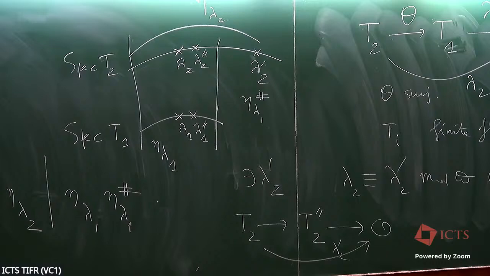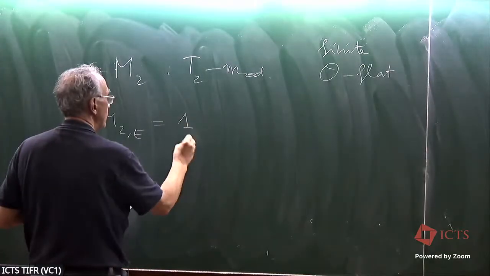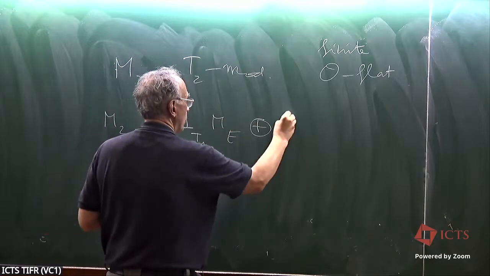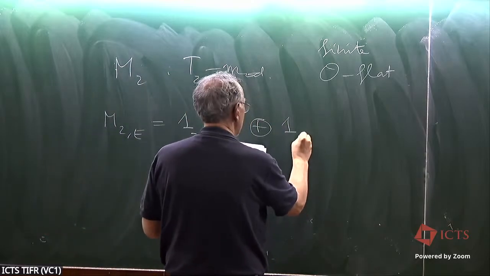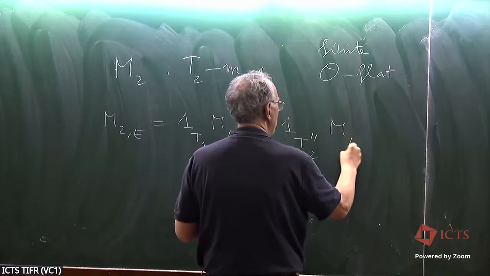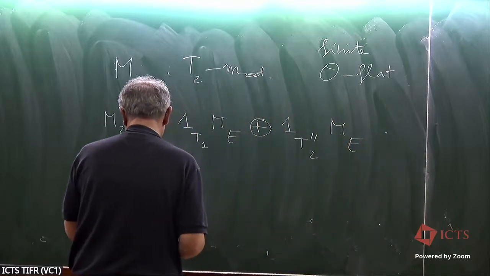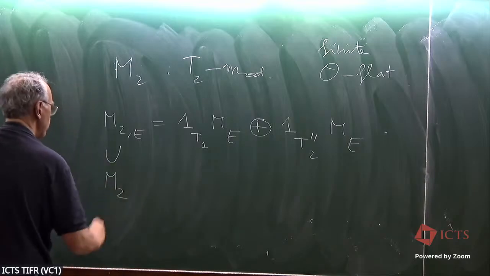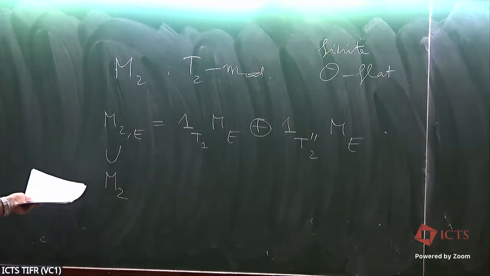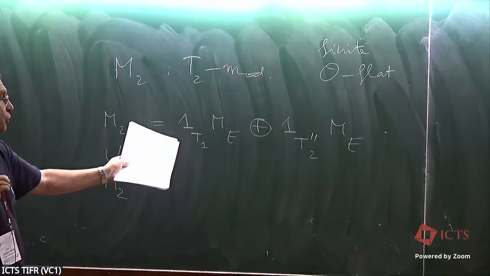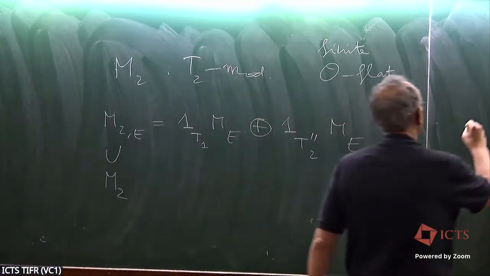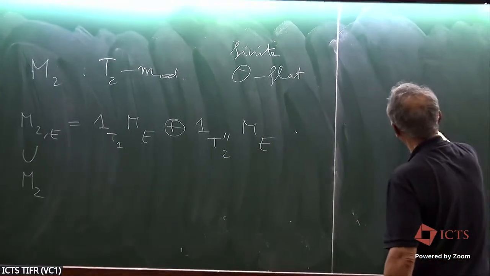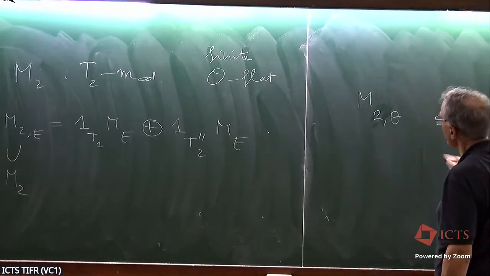If you tensor by E, you can decompose M2 E as 1 T1 M2 E plus 1 T double prime 2 M2 E. So we introduce as usual, with this decomposition, something, maybe we call it M2 lower theta, you can guess what it is.